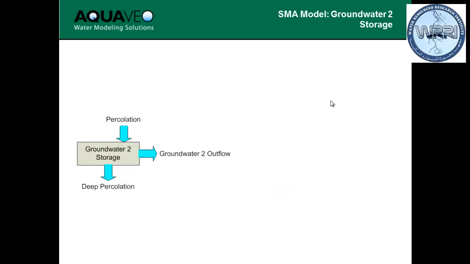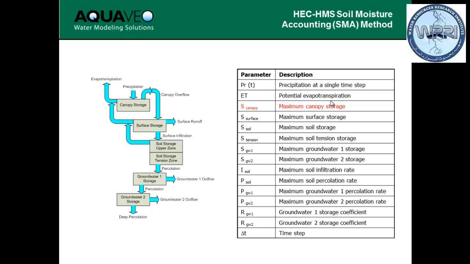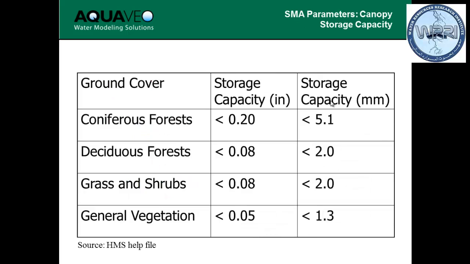And so it has all, we've already talked about the different layers. There is a way to get some of these parameters, and these slides kind of explain how to get some of these parameters. So the canopy storage capacity, you can get those.